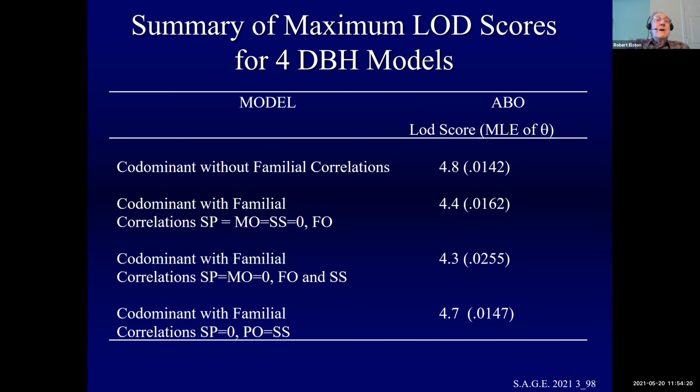So here's a summary of the maximum LOD scores for 4 DBH models. Remember, we obtained the type file from each of these models having fitted in S.A.G.E. So if we assume it's codominant without familial correlations, we get a maximum LOD score of 4.8 at a recombination fraction of 0.014.